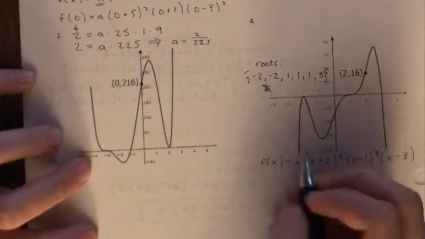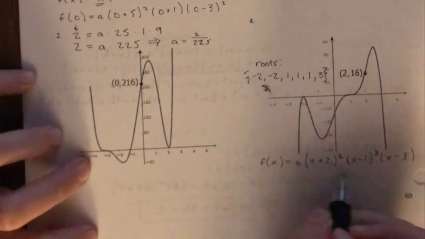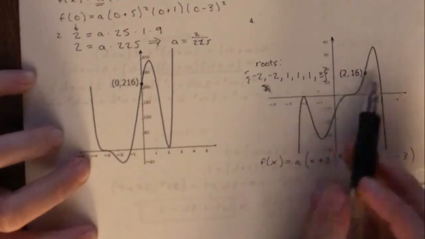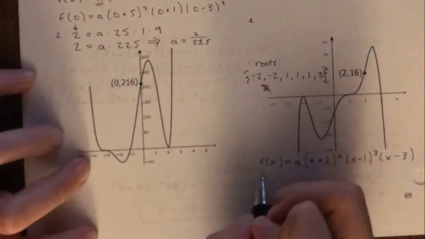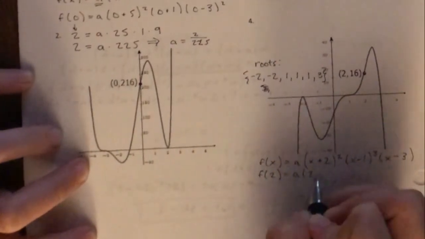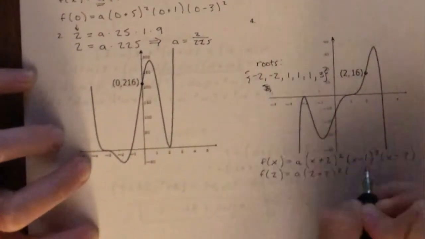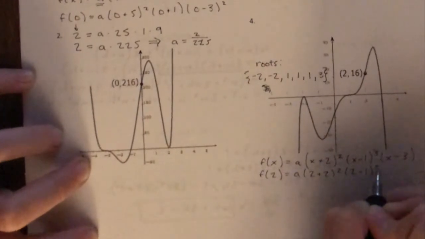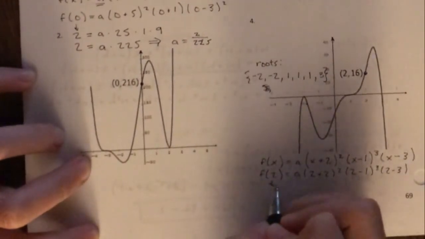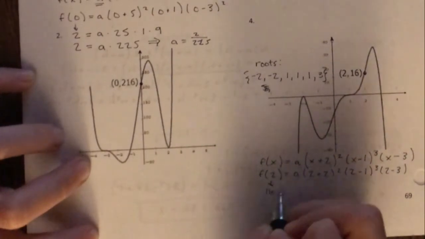We want to find a. We need to do that by plugging in a point. Looks like we've got one kind of laid out here for us. So we have f of 2 equals a times 2 plus 2 squared, 2 minus 1 cubed, 2 minus 3. F of 2 we said was 16.